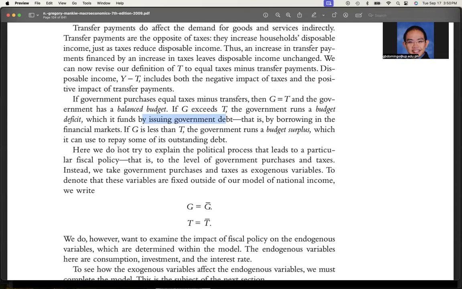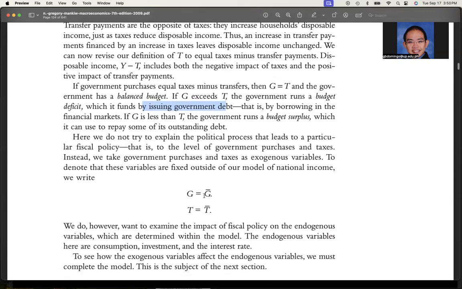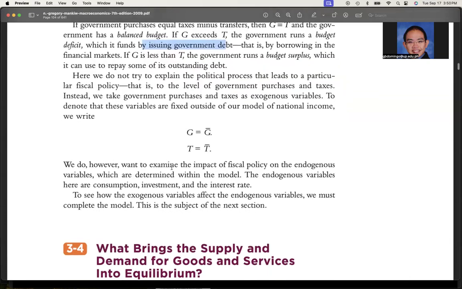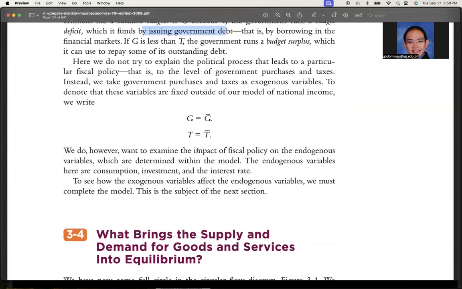So in this case, we will put G as G bar, which is some exogenous variable, and T as T bar, which is also some exogenous variable. We would want to examine the impact of fiscal policy on the endogenous variables. So changes in G, the changes in Y, and changes in C. The endogenous variables here are consumption, investment, and interest rate.